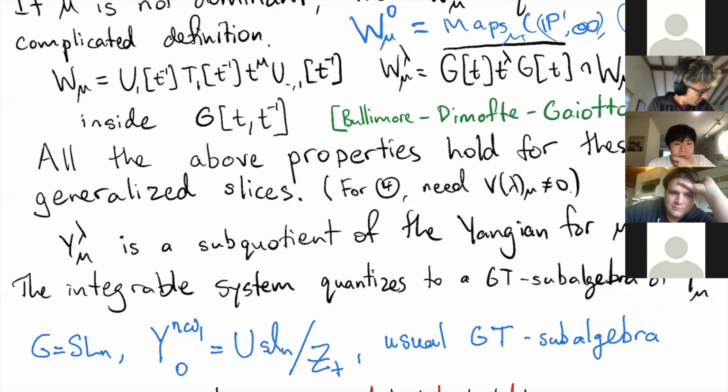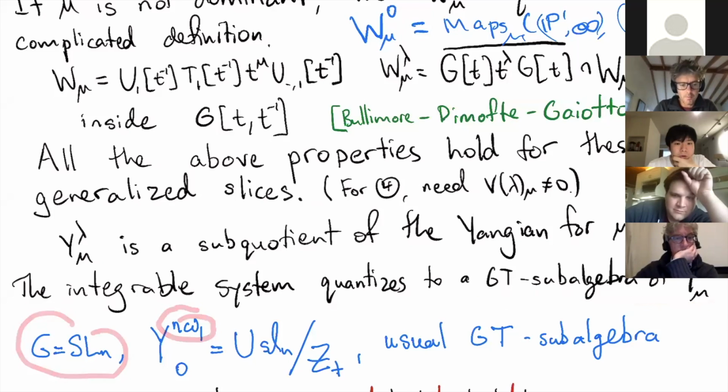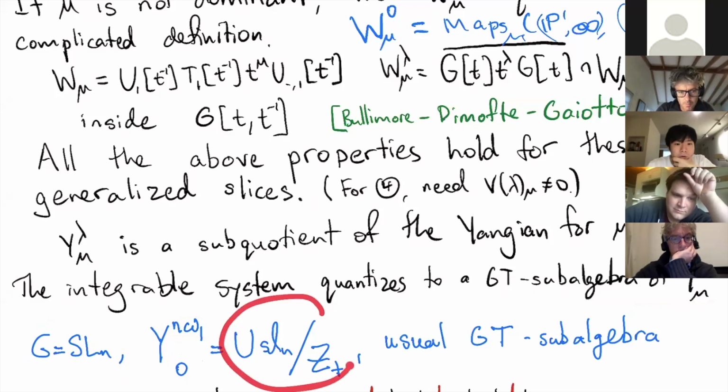For example, I mentioned already that when G is SL_n and we take n times the first fundamental weight for lambda and 0 for mu, then our affine Grassmannian slice was the nilpotent cone, and our truncated shifted Yangian is its natural quantization, the universal enveloping algebra modulo the center.